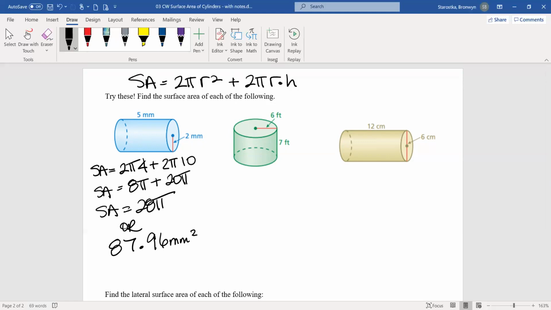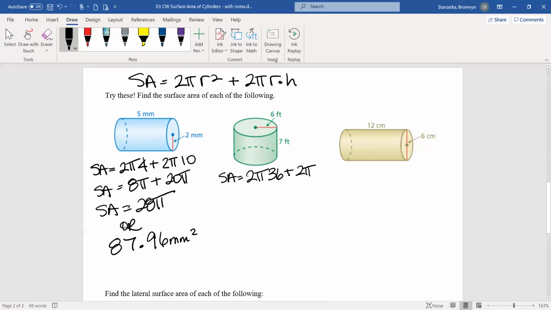Next one, following the same formula. Surface area, 2 pi, radius squared is 36, plus 2 pi, 6 times 7, I'm not going to make that mistake, 42.